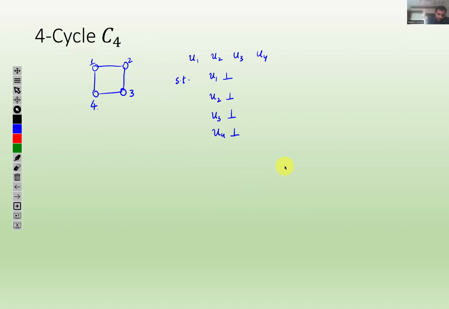The condition is for E bar, my bad. So what would be a non-trivial orthonormal representation for C4?